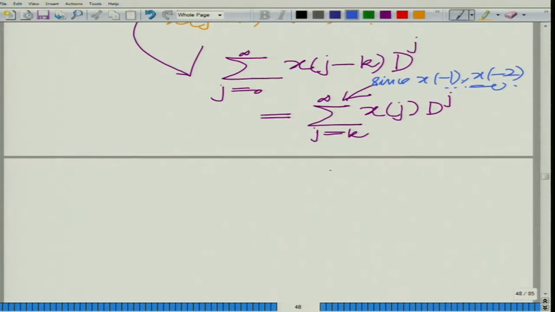Now, substitute j minus k equal to j tilde, which implies j equals j tilde plus k.